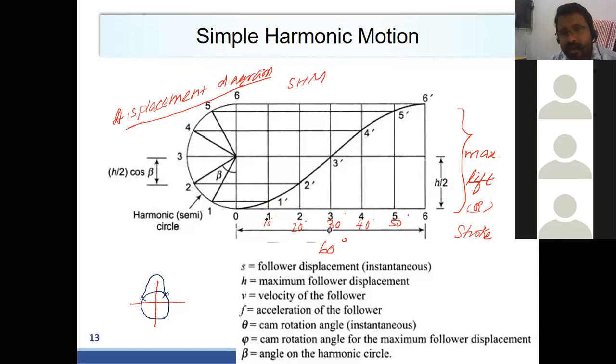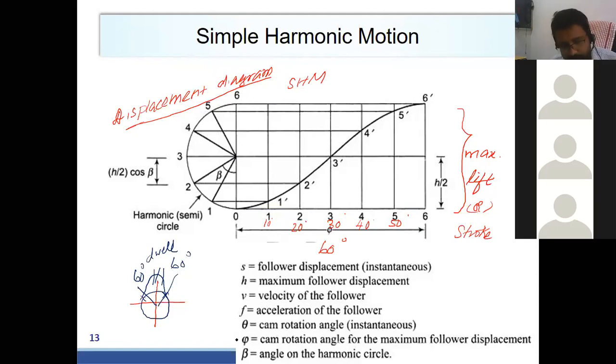So here actually it is lifting for 60 degrees. Then again there will be a dwell for some period. Again you have to draw a similar diagram like this for the descent.